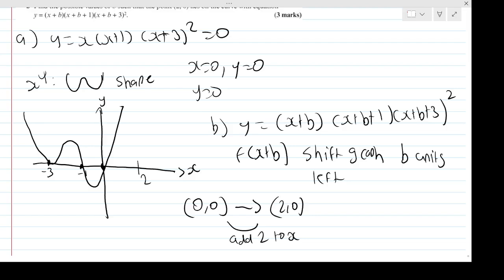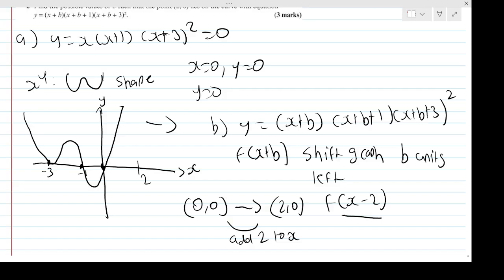Well, if I'm adding 2 to the values, I need to subtract 2 in the function to get that effect. So if I want to shift 2 to the right, for this first point at the origin to move to this point on the x-axis, I need to do x minus 2, because remember, what I do in the function, I do the opposite to what I expect.